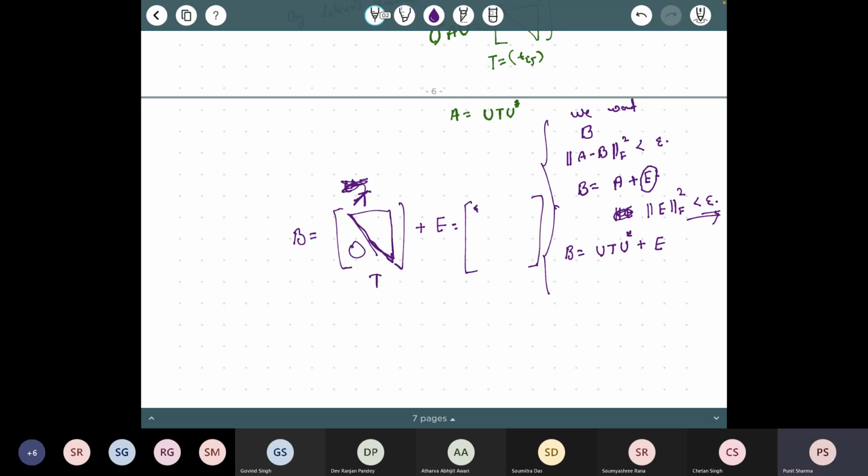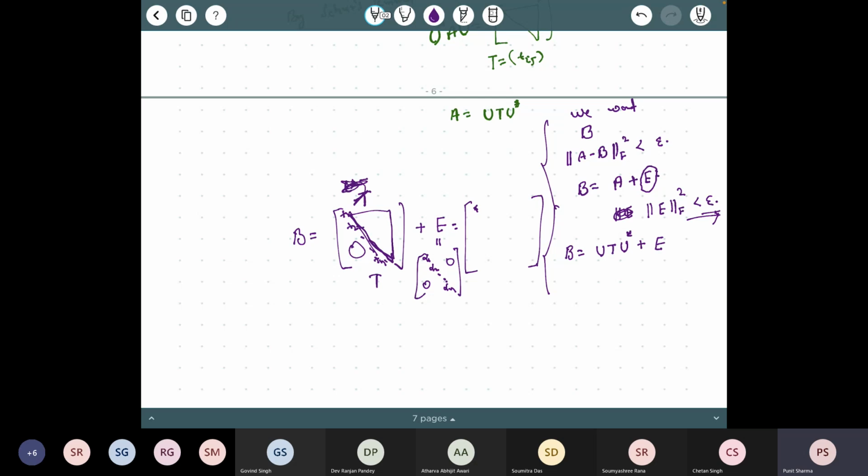So you are saying choose this E as a diagonal matrix. Let's say alpha 1, alpha 2, and so on are the diagonal entries of E, and here the diagonal entries of T are T11, T22, and so on, up to Tnn. Now you want the Frobenius norm of E squared to be less than epsilon.